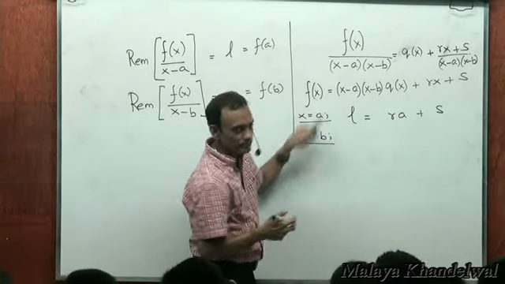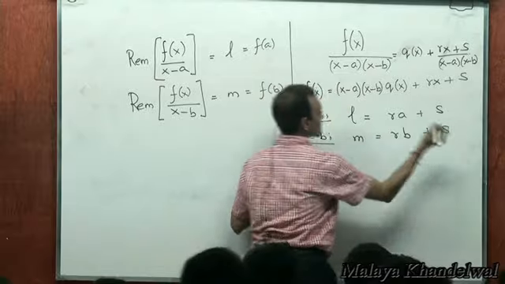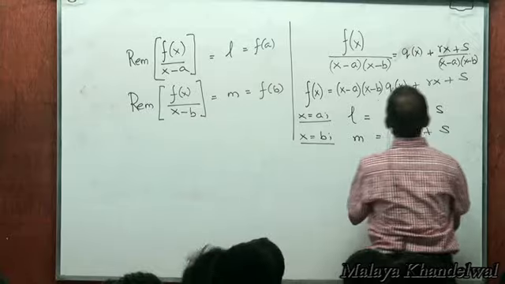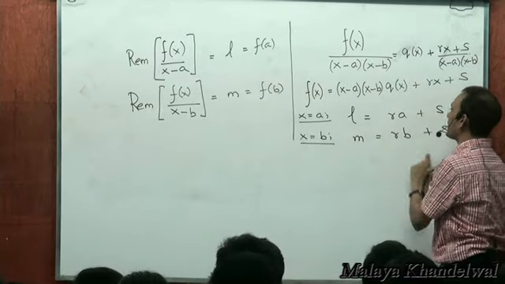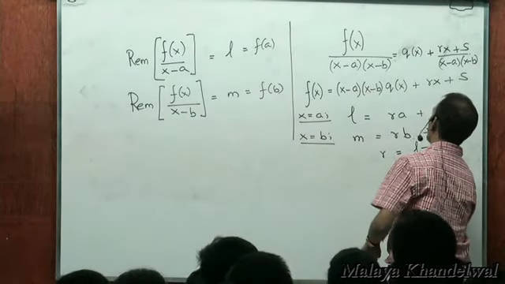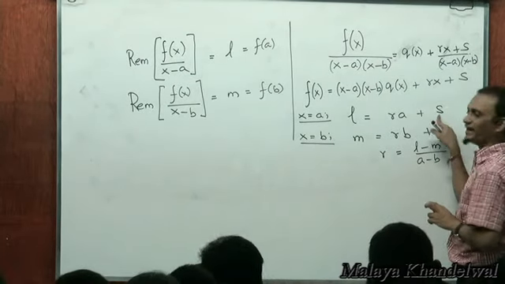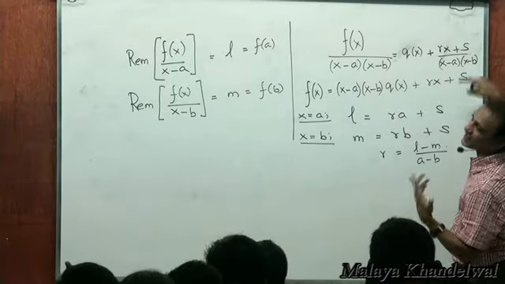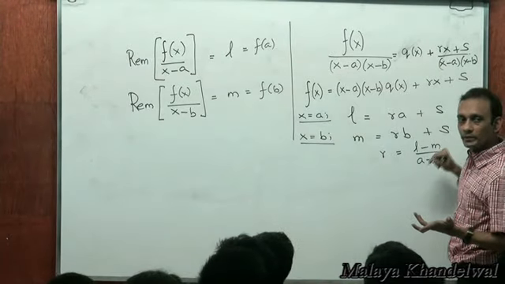F(b), which is m, equals rb plus s. Using these two equations, can I solve for r and s, simultaneous equations? If I subtract, r would be L minus m divided by a minus b, and so on and so forth. Similarly, I can find s. So if I know r and s, then I know the new remainder rx plus s. Got me?